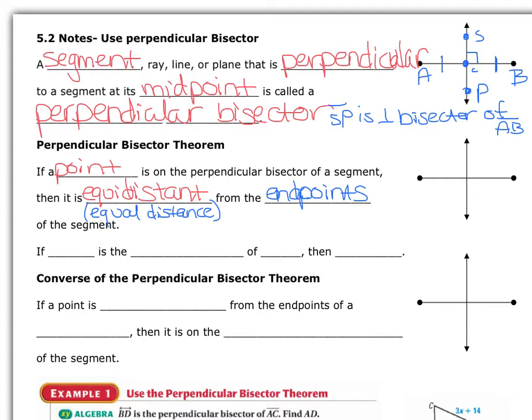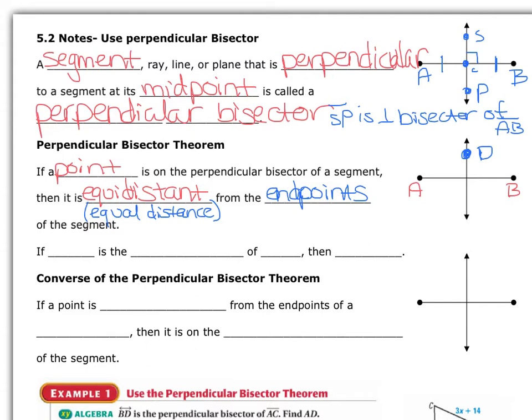So we have a segment. We have a point that is going to be on the perpendicular bisector. Now the line doesn't have to necessarily go through the point in your picture. You just have to know that the line will for sure extend through the point because of the properties that it has.